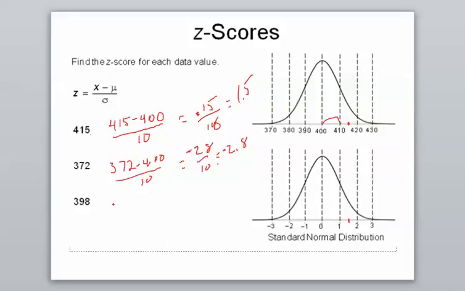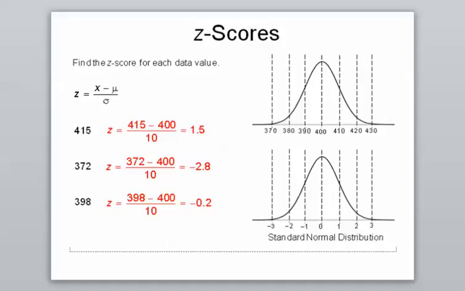Okay, so 398, that's going to be 398 minus 400 divided by 10, that's negative 2 divided by 10, and so you're going to get a negative 0.2. And our z value should reflect that. Okay?